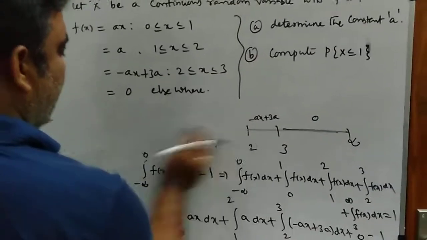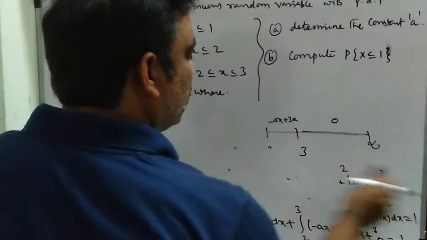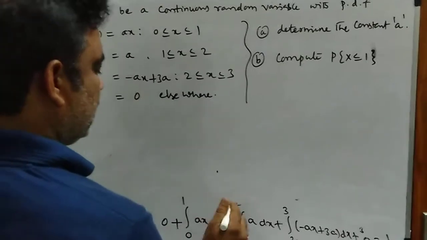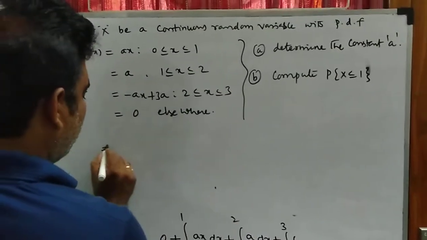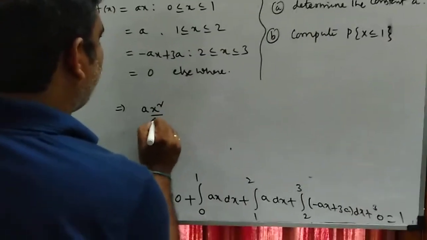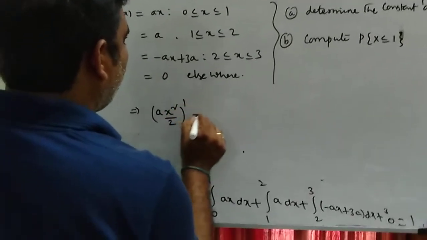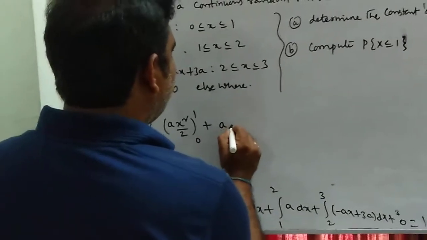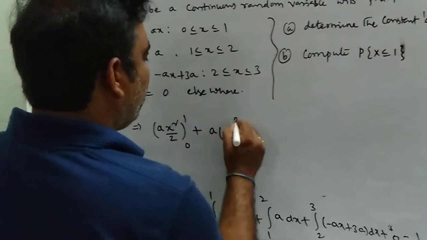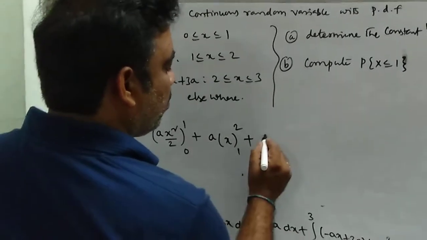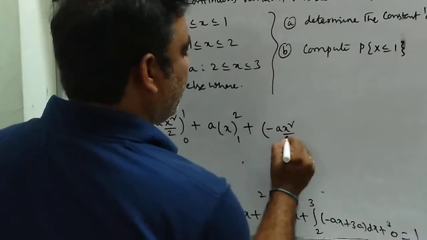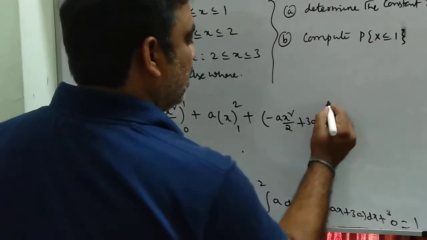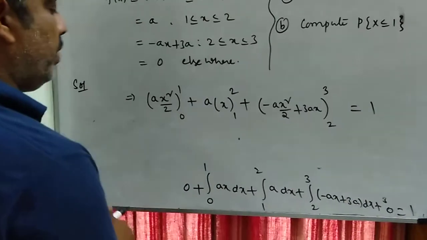So on evaluating this integral, the first integral gives a into x square by 2 between 0 and 1, since the integration of ax dx is a x square by 2. Then a into x between 1 and 2, plus minus ax square by 2 plus 3ax, the last integration from 2 to 3, is equal to 1.